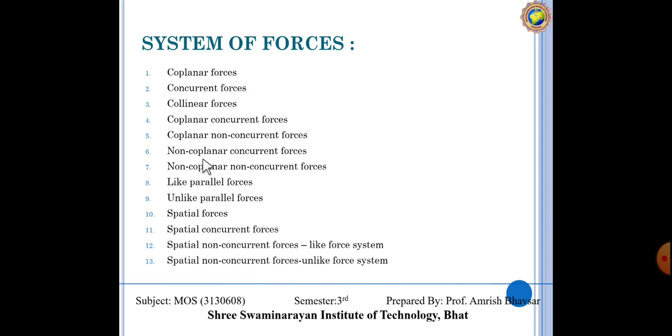Suppose we have one room and a corner of that room, whether it is a bottom corner or a top corner of that room, and forces coming from the ceiling and two walls are acting on a junction, that is called non-coplanar concurrent forces.